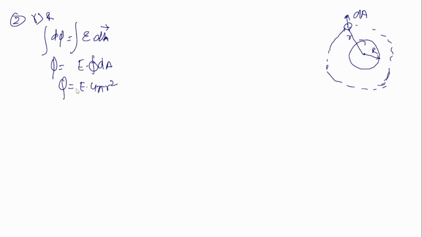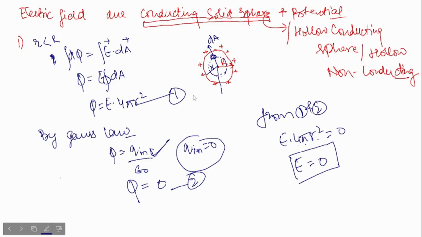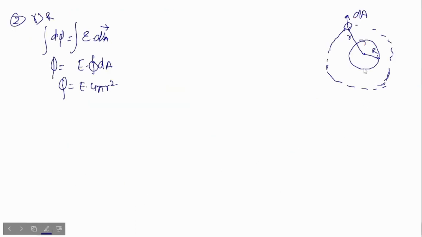In this charge distribution, the net charge on the original sphere is capital Q. By Gauss law, flux phi is equal to Q enclosed upon epsilon naught.